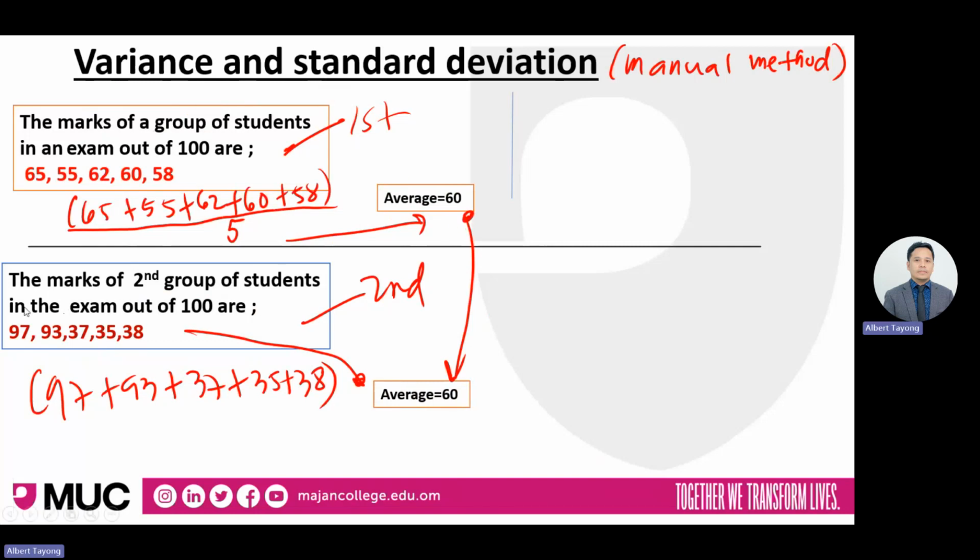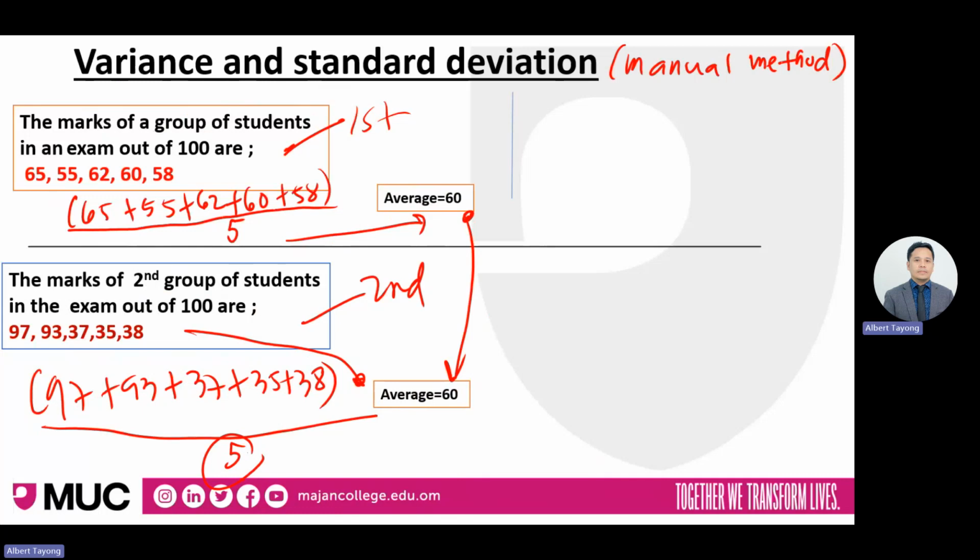But the numbers are different. Here we have 65 to 58, here we have 97 to 38. Sometimes the averages or the means are equal, but the numbers are not the same. Of course, it can happen because we are adding all the values over the number of values or number of scores.